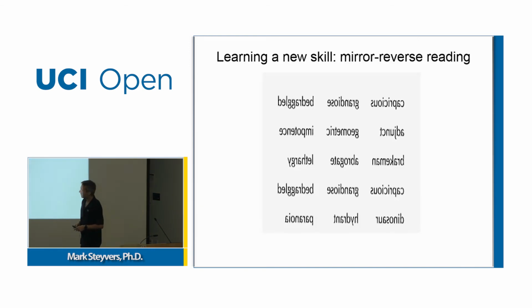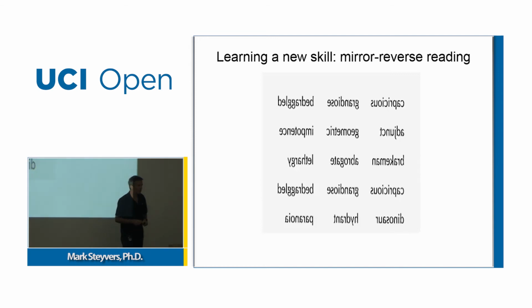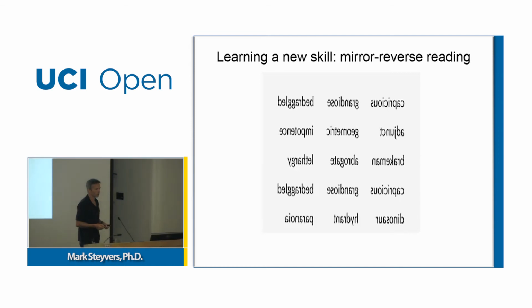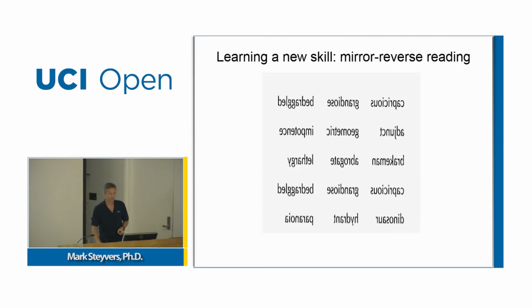So here's another task that can test your implicit memory system. This word is written in mirror reverse, so you have to read from right to left. So what word is spelled here? Bedraggled. Okay, very good. How about this word? Grandiose.